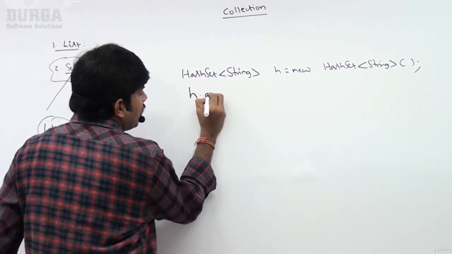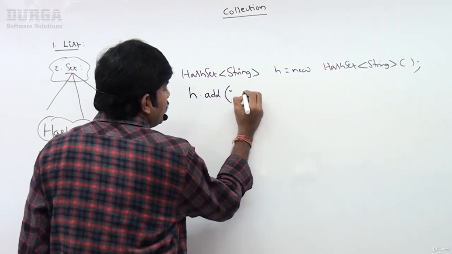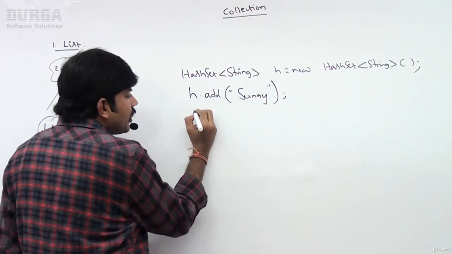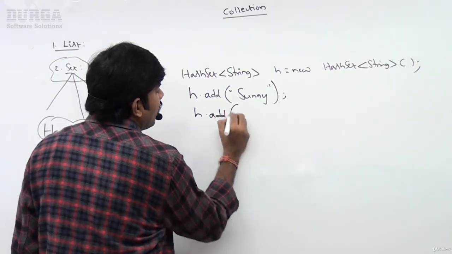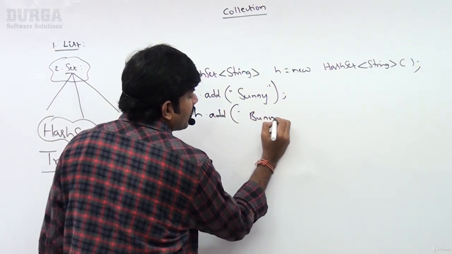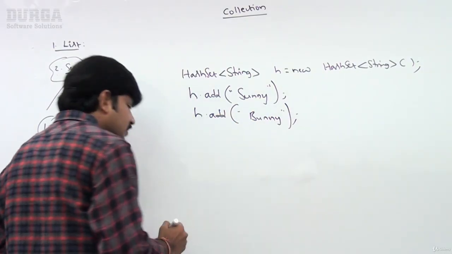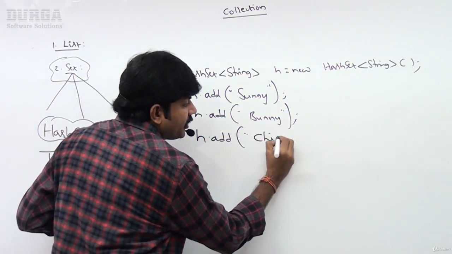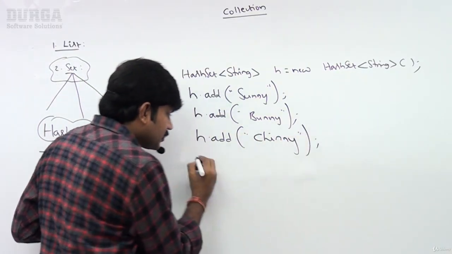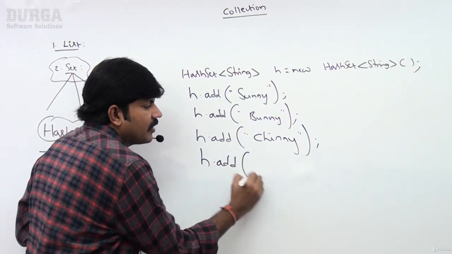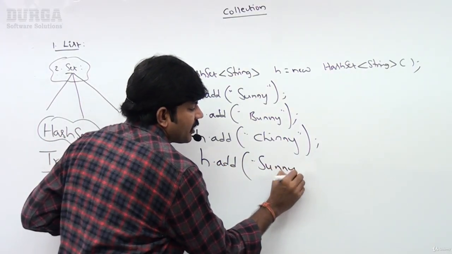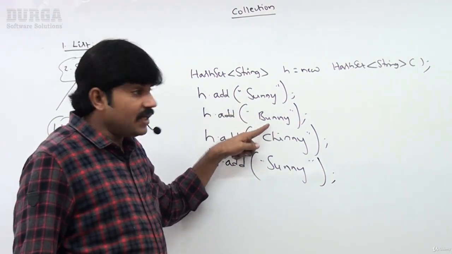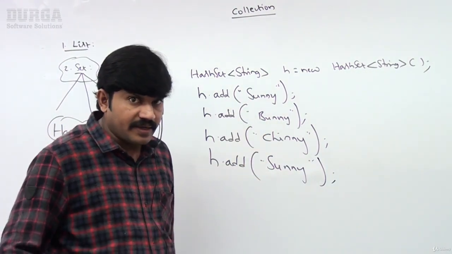Now h.add("Sunny"), h.add("Bunny"), h.add("Chinny"), and next h.add("Sunny"). Like this I'm taking, sir. Have you observed? First Sunny I added, then Bunny, Chinny, Sunny. Like this I added, right?